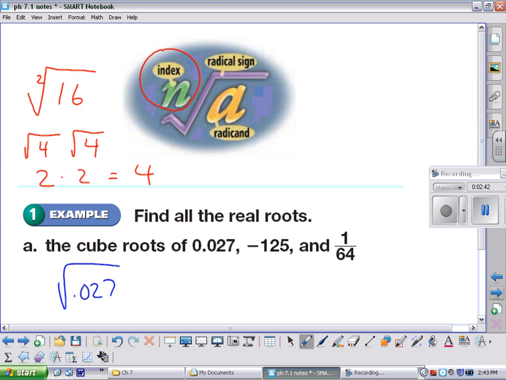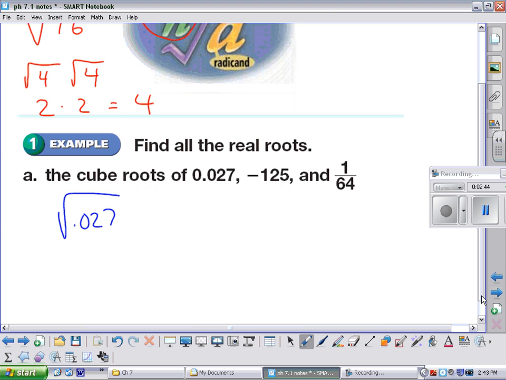And that number is, in fact, for us, the cube root there, 0.3.